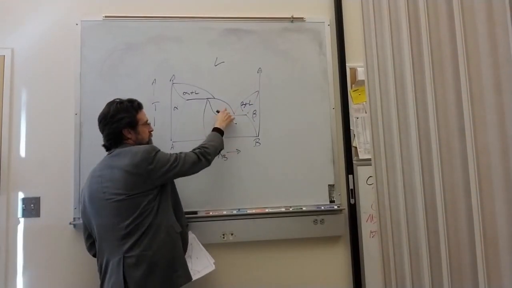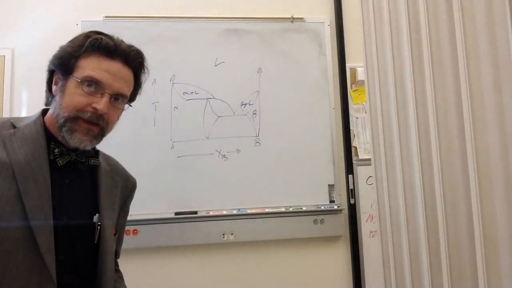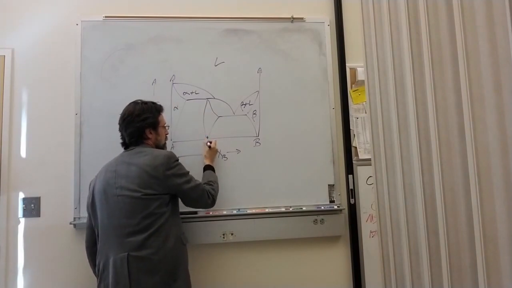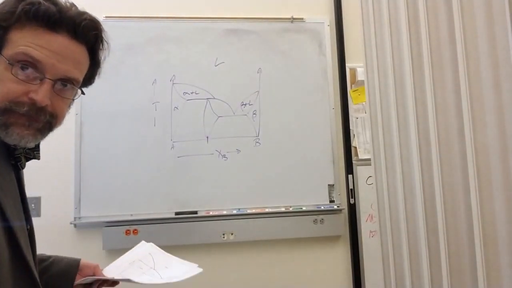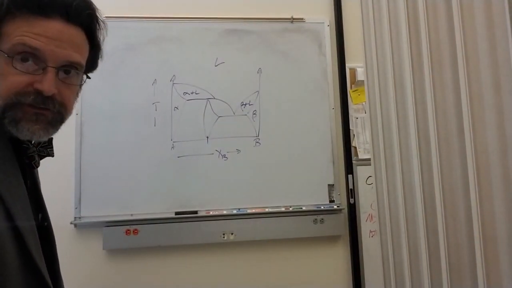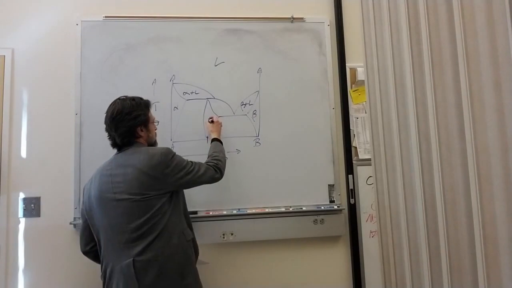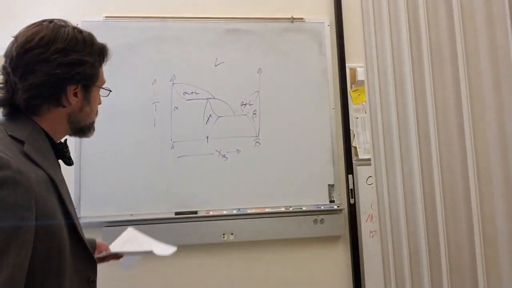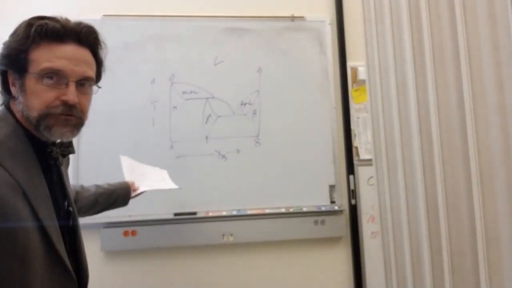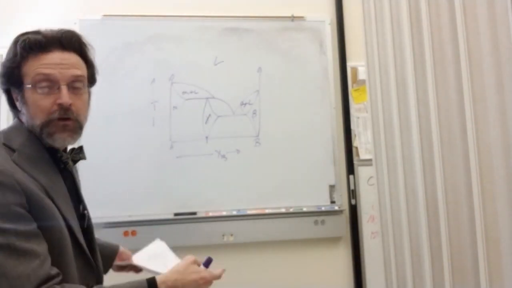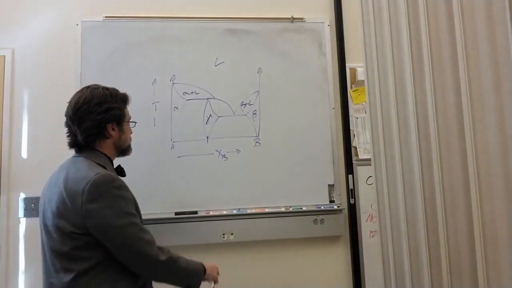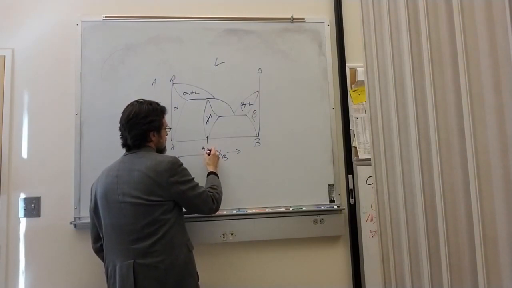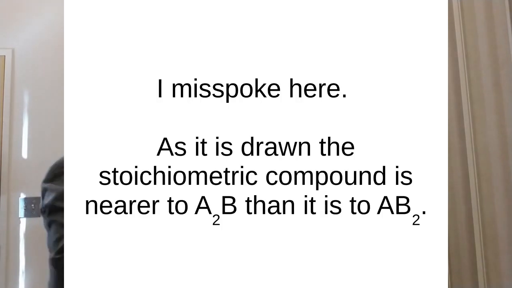But this region, I don't know what I have. And that's because right here, what I have is another single phase region. I'm going to call that gamma. And the way to think of this is you can think of it as there being some intermediate crystal structure or some intermediate composition, which is a perfect mixture of A and B. For example, this might be a B2 composition.